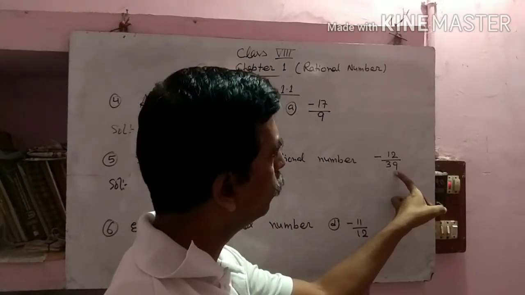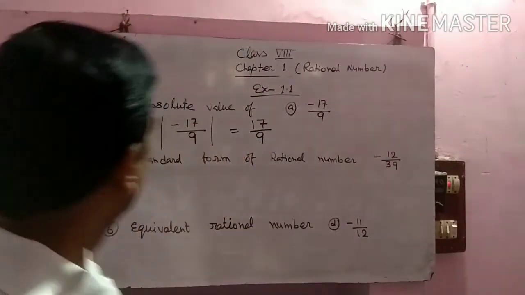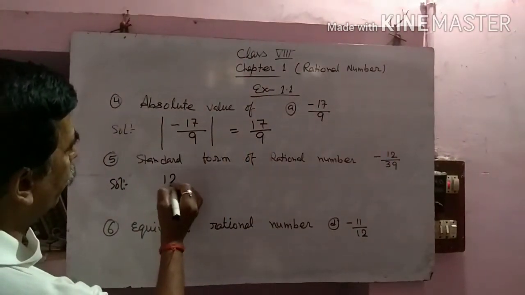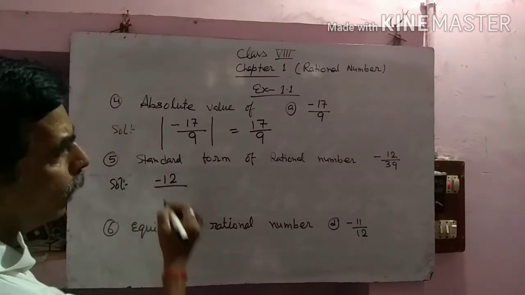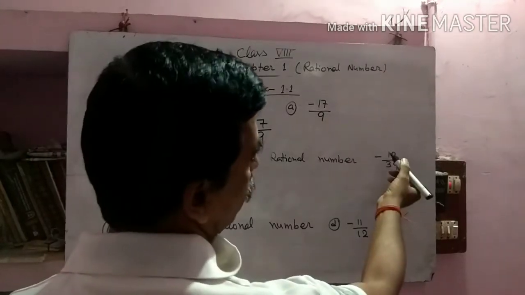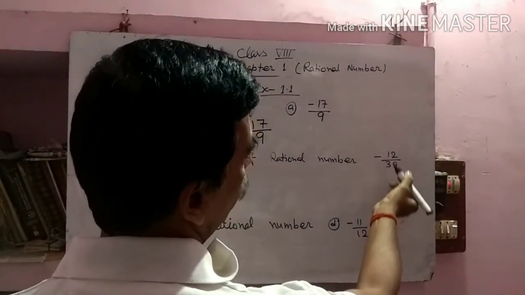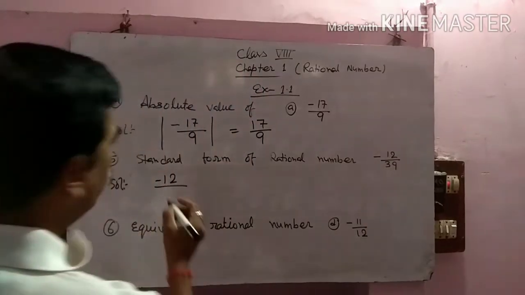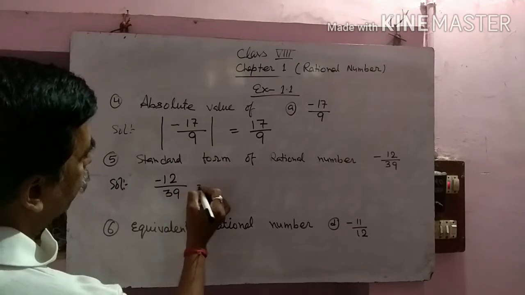So what do we have to do? Our task is to convert the number into co-prime form. The numerator 12 and denominator 39 both have common factor 3, so we have to remove it.